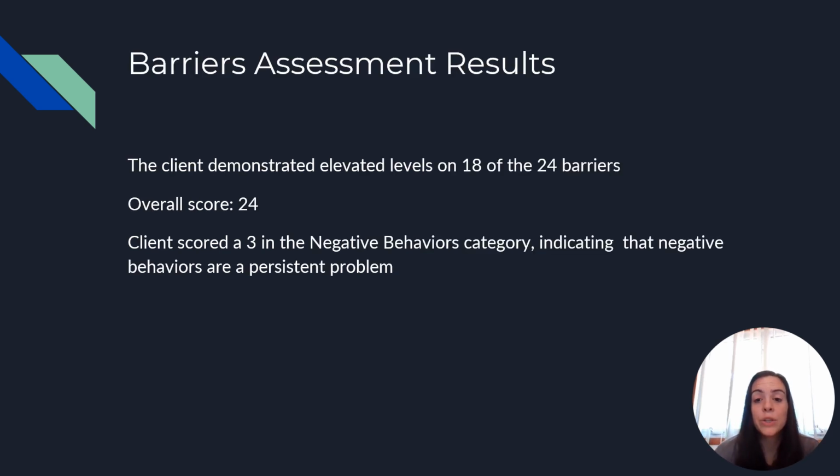The barriers assessment results for this particular client: the client demonstrated elevations on 18 of the 24 barriers with an overall score of 24. The client scored the highest in the negative behaviors category with a score of 3, indicating that negative behaviors are a persistent problem.